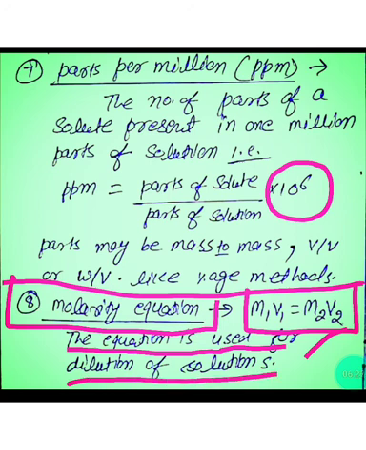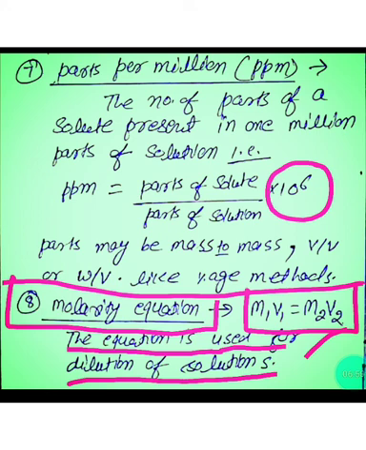It means if we add a solvent to a solution, like there is a solution of water and sugar having some molarity M1 and volume V1. Now if we add some solvent, that is water, then the molarity will change and the volume will also change, which will be M2 and V2.